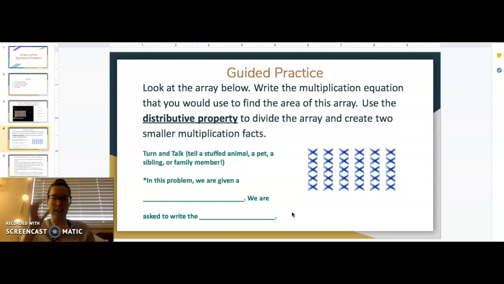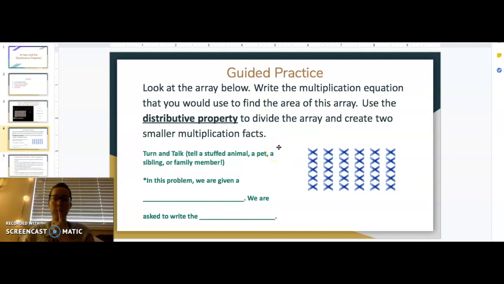All right, so in this problem, we are given, well, it looks to me that we're given an array, right? We're given an array or a picture, right, with rows and columns. And we are asked to write, it says write the multiplication equation, right?